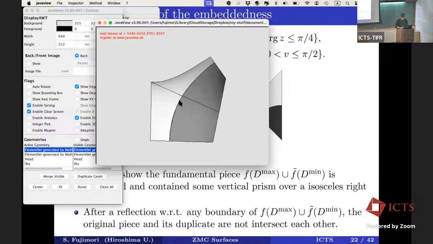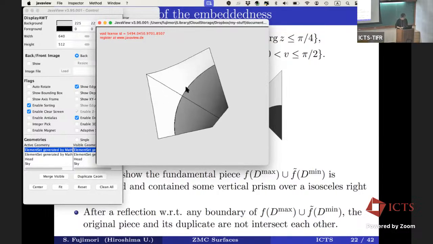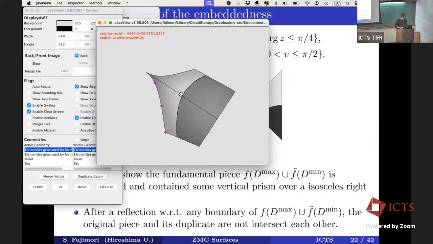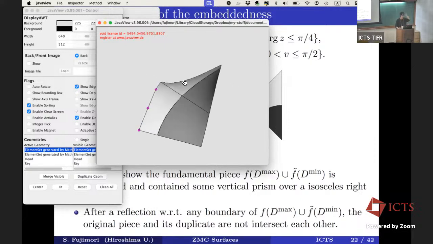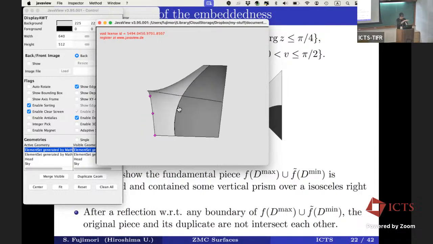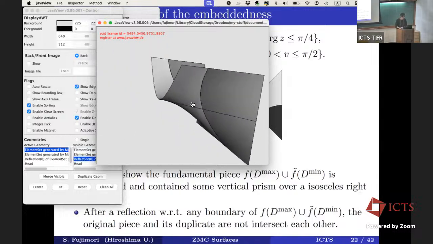Now we have this surface. And this space-like part has a symmetry property. You see this curve is in one vertical plane and intersects perpendicularly. So we can extend by reflection. Okay, so now we have this surface.